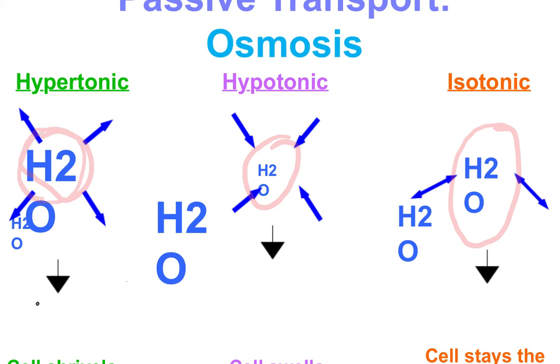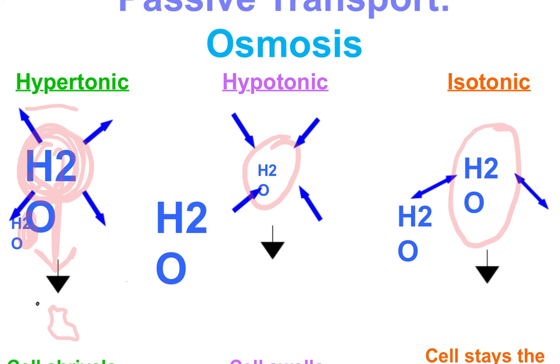Here I have my cell and its concentration of water inside the cell is very, very high and its concentration outside the cell is very, very low. So the water is going to want to move out of the cell to the area where water concentration is lower. We call that hypertonic, and then the cell shrivels.